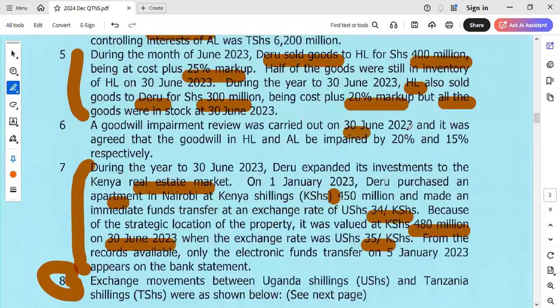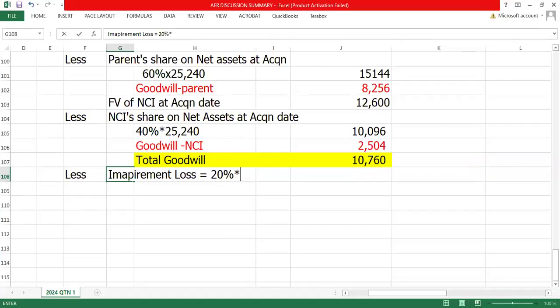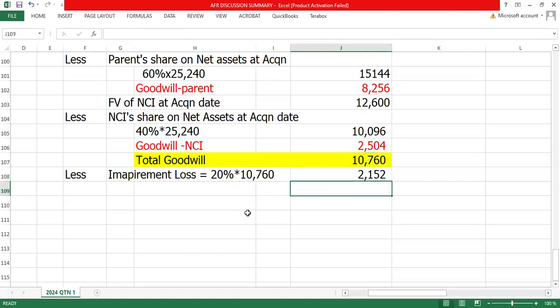It was reviewed on 30th June 2023, that the goodwill in HL and AL be impaired by 20% and 15%. So the goodwill in HL will be impaired by 20%. We get that 20% and multiply by 10,760. That will be your impairment loss.